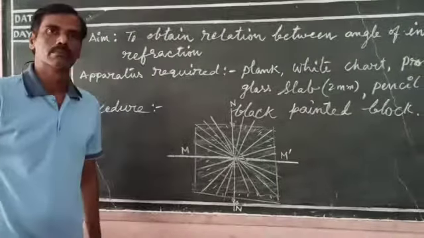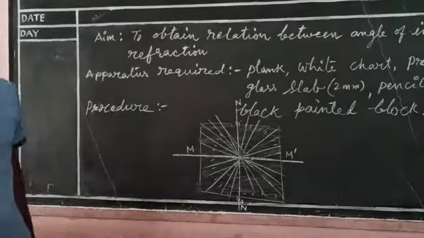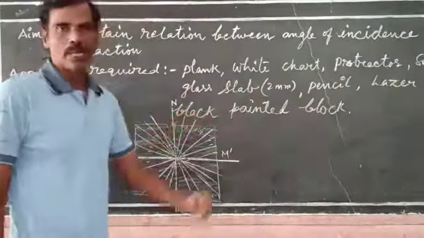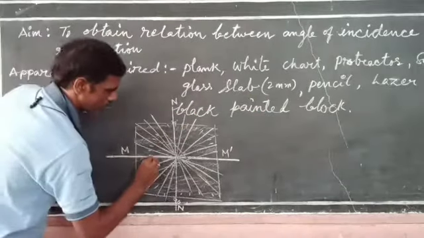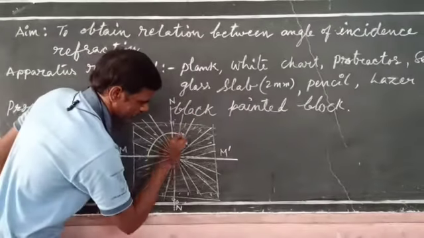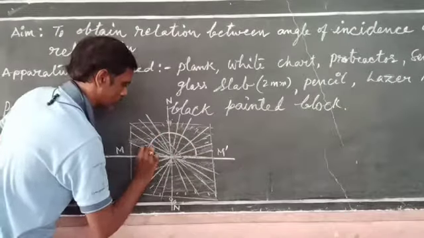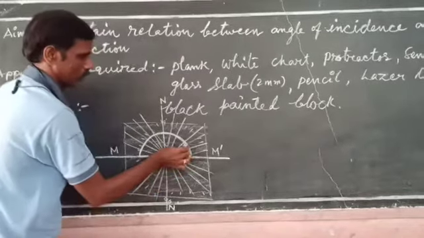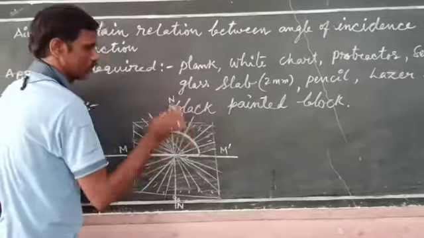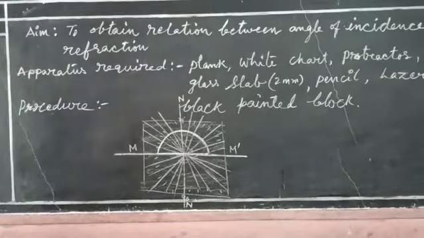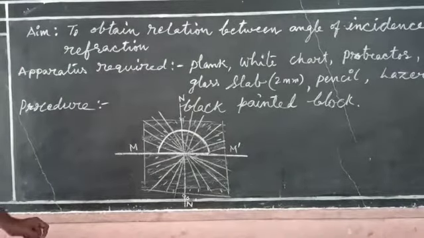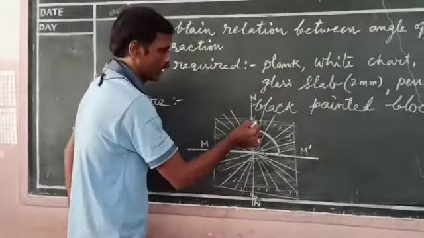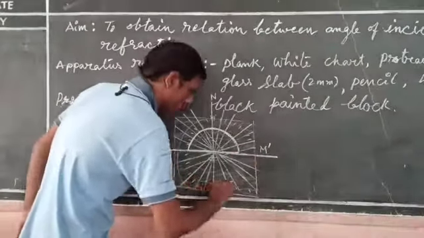Now place a 2 mm semicircular glass slab on this marked protractor. This is a semicircular glass slab of 2 mm thickness placed on the protractor which was already drawn by us.